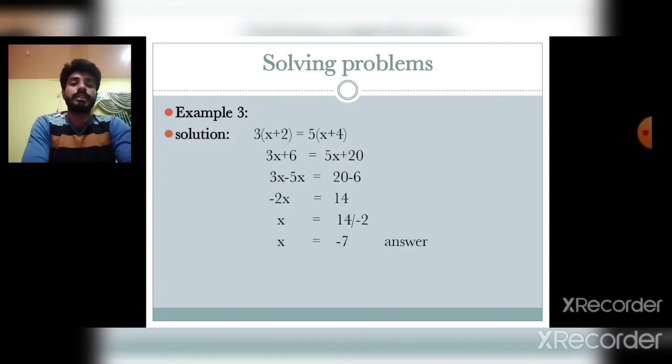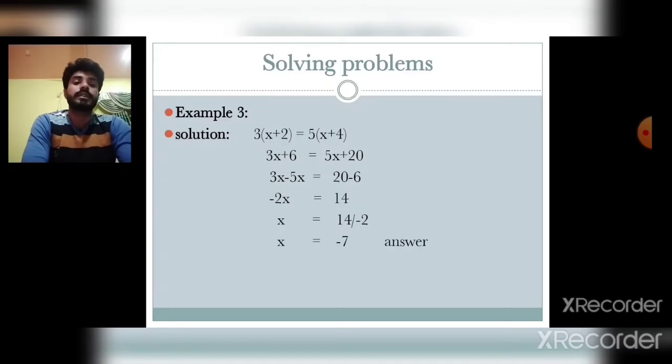Example number 3. Solution: 3 bracket start x plus 2 bracket over is equal to 5 bracket start x plus 4 bracket over. Now we have to multiply 3 with the whole bracket, meaning 3 into x is 3x, and plus will remain the same, and 3 into 2 is equal to 6.